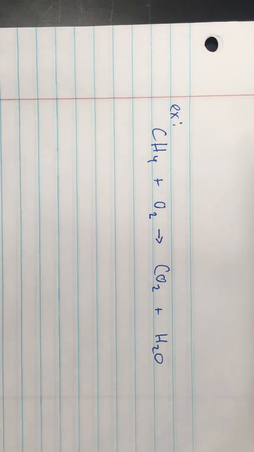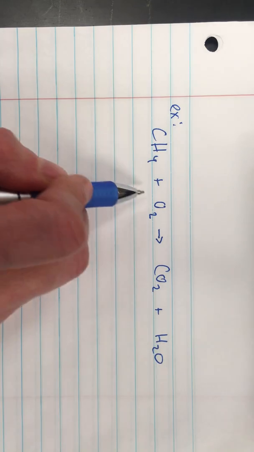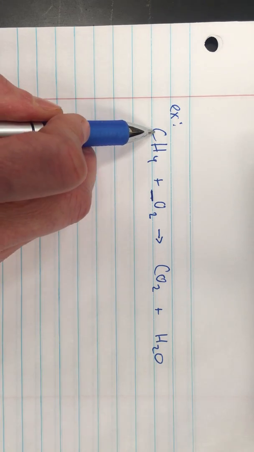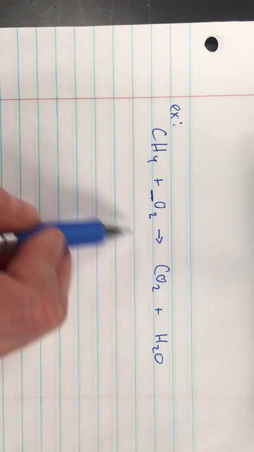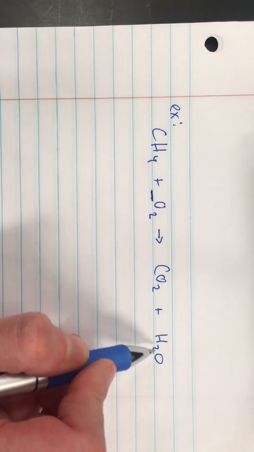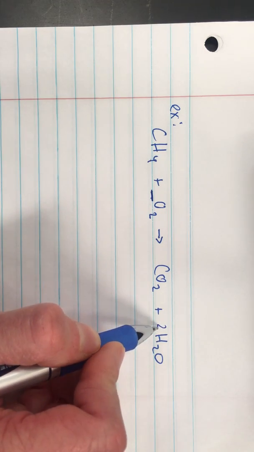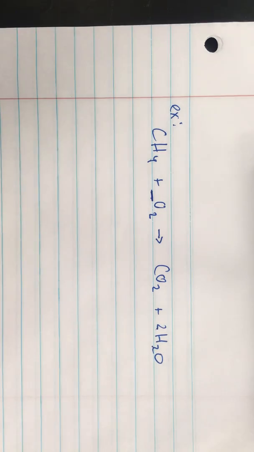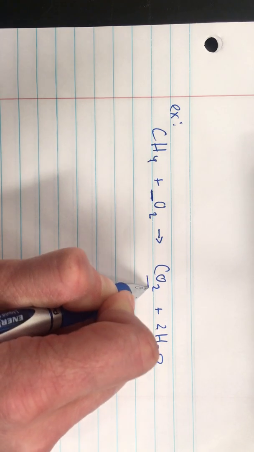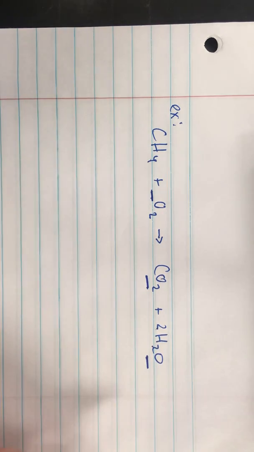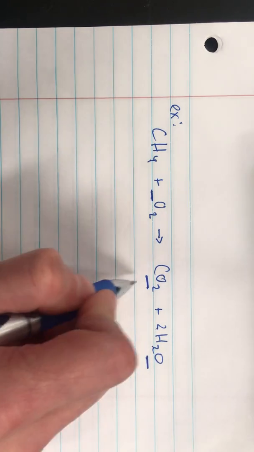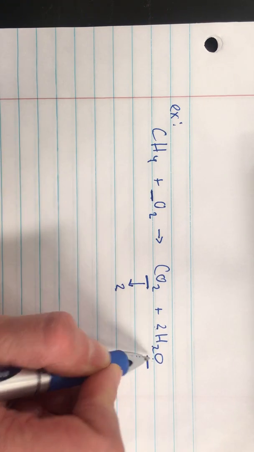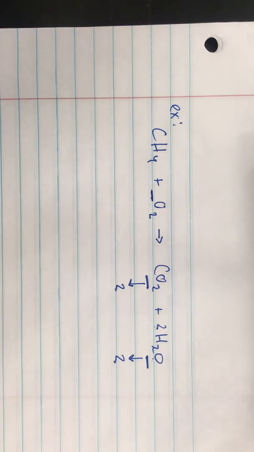So then what I'm going to do is come over here to balance. Remember I said do this last. So here we go. 1 carbon, 1 carbon. 4 hydrogen. Put a 2 there so I can make 4 hydrogen. And now let's go deal with the O's. When you come to this side, notice that the oxygens are split between the carbon dioxide and the water. So here you've got 2 of them, and over here you have made 2 of them.